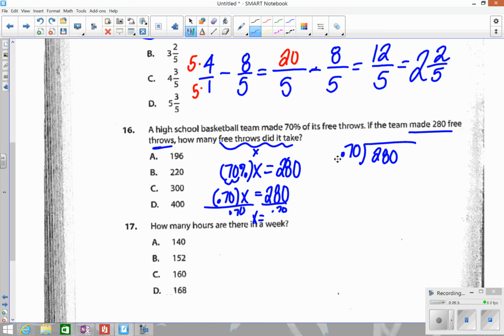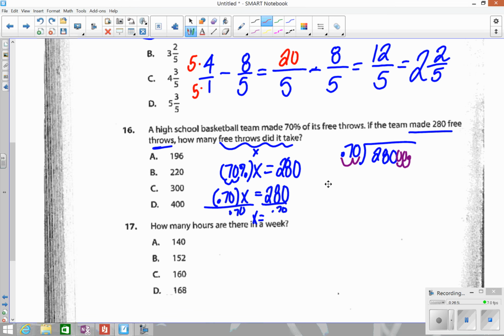So again, moving the decimal over, you could look at this as 28,000 divided by 70.